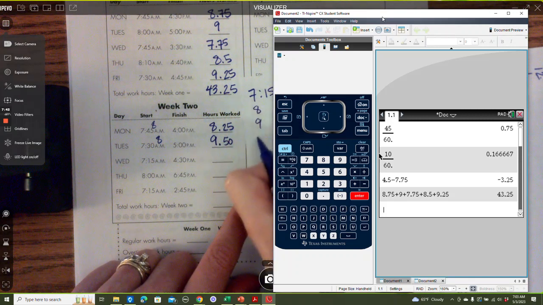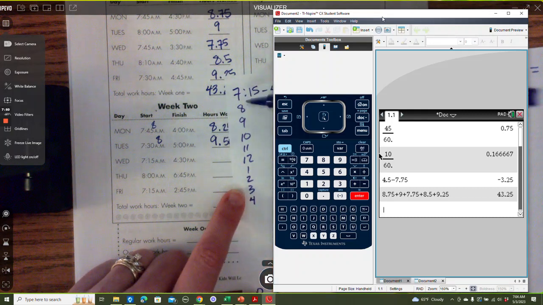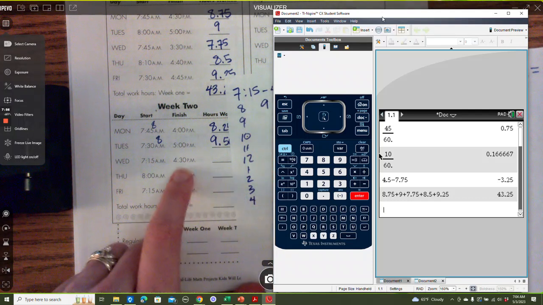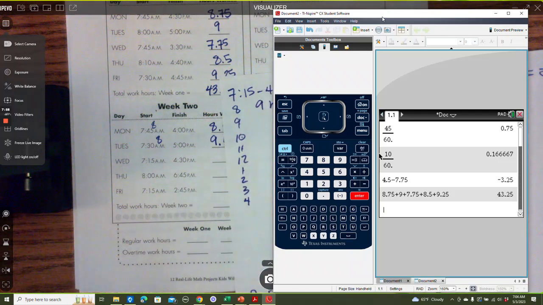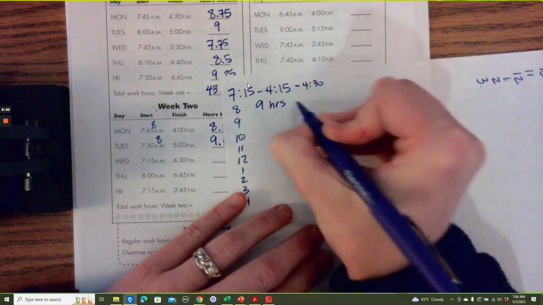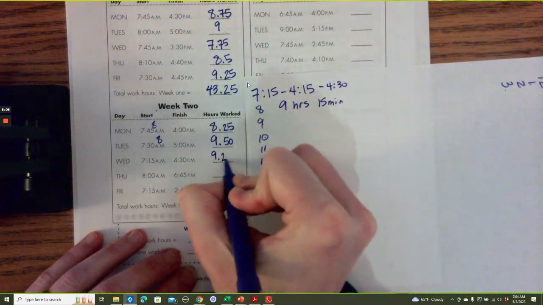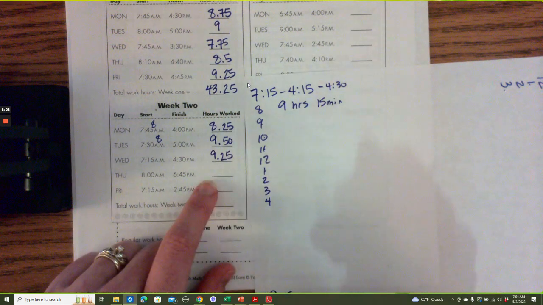So 8, 9, 10, 11, 12, 1, 2, 3, 4 would be 9 hours. And then 4:15, oops, sorry, you can't see what I'm doing. 4:15 to 4:30 would be another 15 minutes. So 9 hours and 9.25.